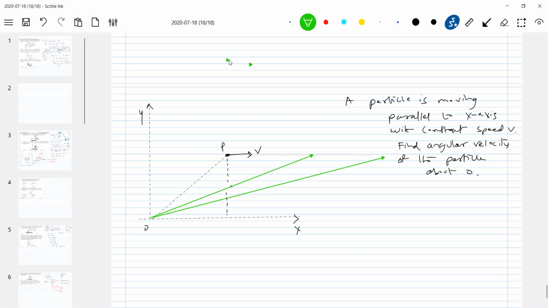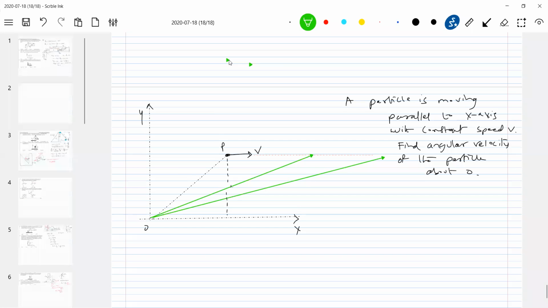Look at the theta angle made by this r bar, this green arrow, with the horizontal. Is it varying? Yes, it is varying. Therefore the position vector is rotating, and that's why there is angular velocity.